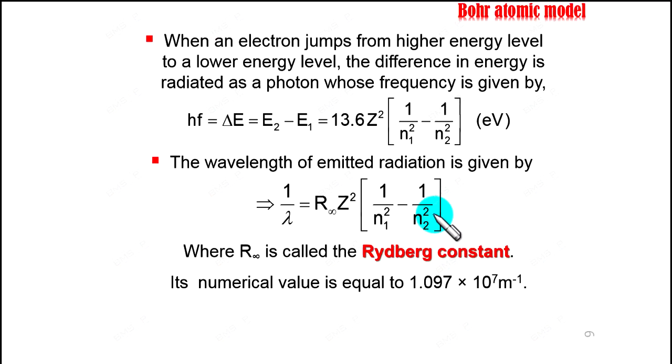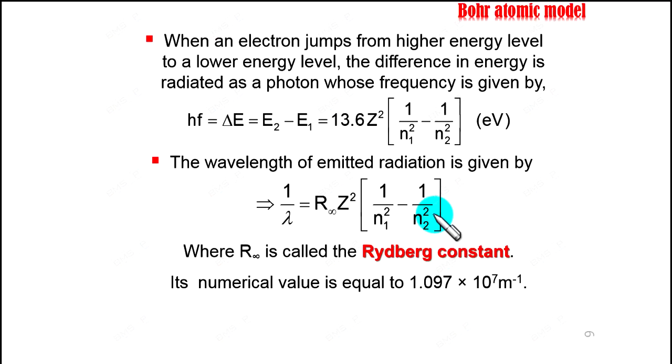When we pass the radiation emitted by the atom due to transition of the electron from higher level to lower level through a prism, because we know when we pass light through a prism we get a spectrum, we will again get a spectrum, and this spectrum is called the emission spectrum because we are getting it due to the emission of photons by the atom. In this emission spectrum we observe certain discrete lines, and these lines are called spectral lines, and the number of these spectral lines depends on the excited state and value of Z.